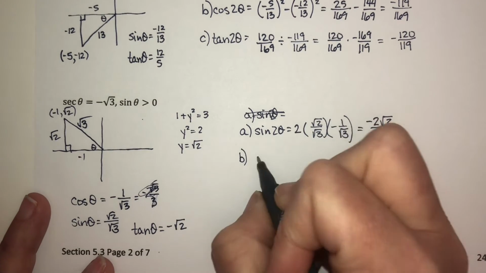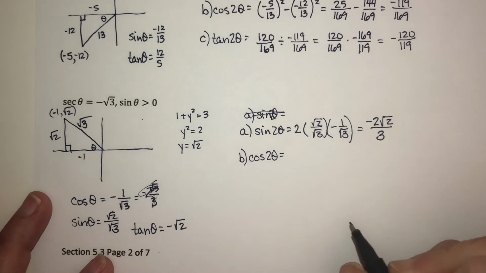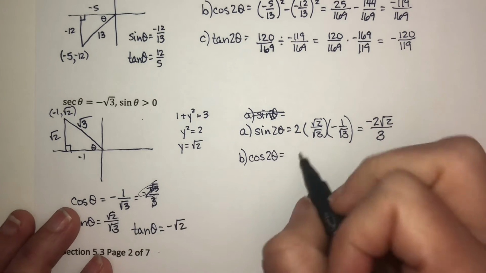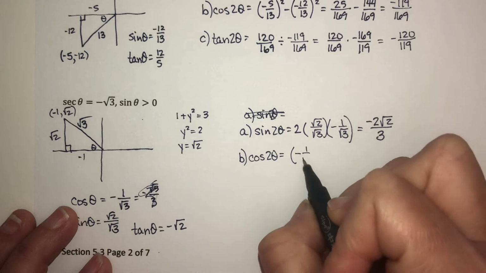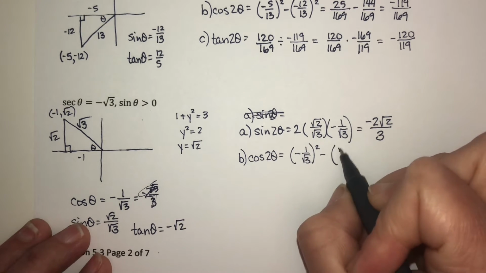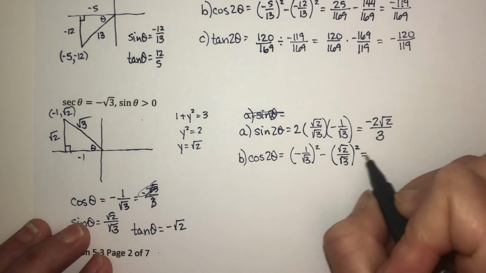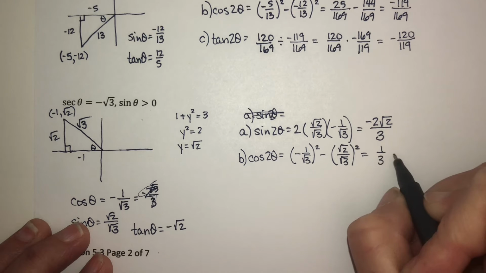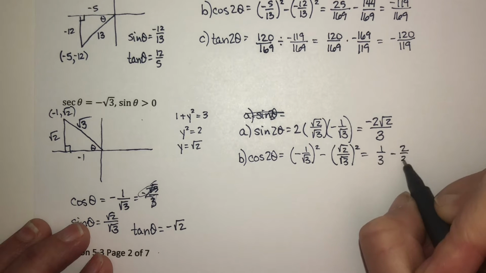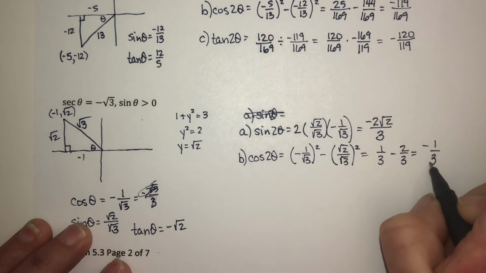Part B, cosine of 2 theta. Let's do cosine squared minus sine squared. This will be 1/3 minus 2/3, so that will be negative 1/3.